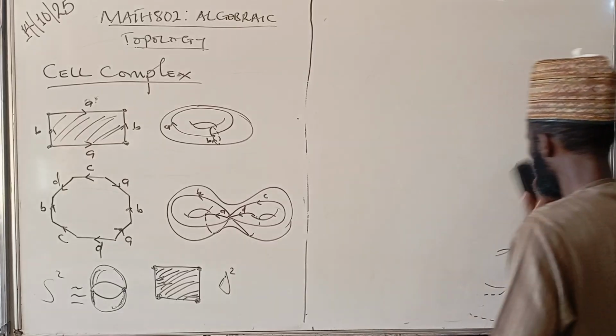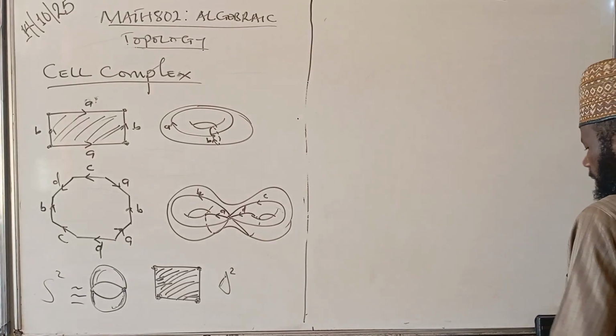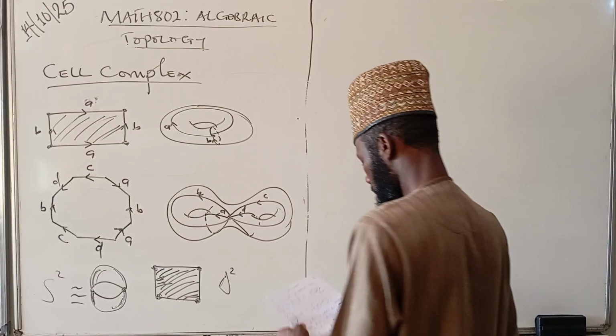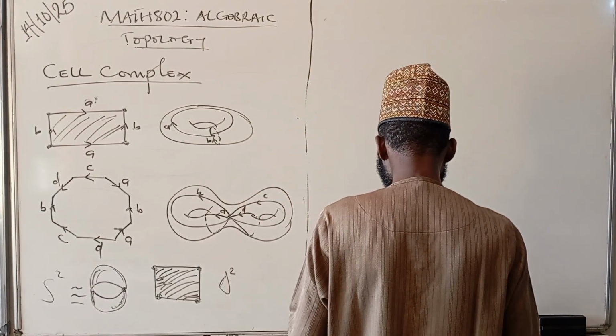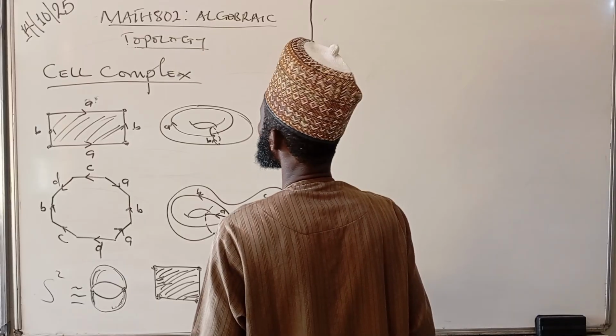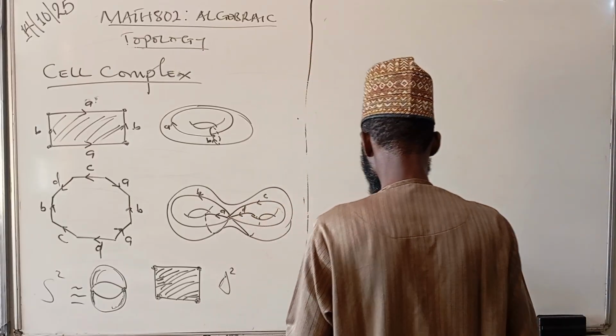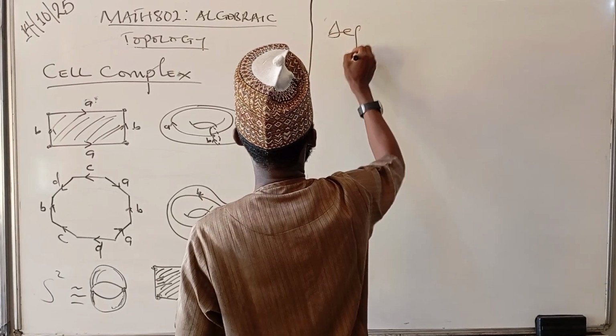So you can formally define a cell complex in this way. But before then, we have to define what we call an n cell.